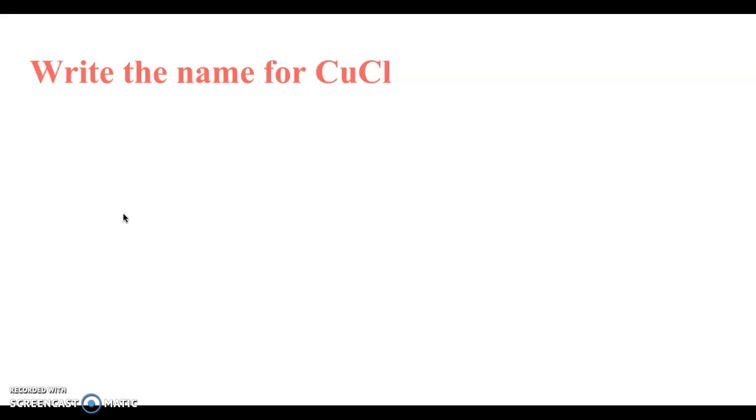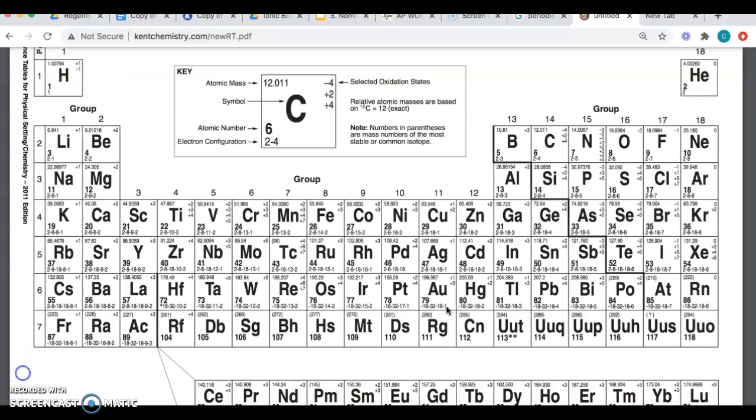Let's try another one. So here we have a 1-to-1 ratio between copper and chlorine. Here's another way that you can figure out the charges. If we look at chlorine, chlorine usually takes a -1 charge. So ignore the fact it has multiple charges listed. It's almost always going to take the first one listed, which is -1.